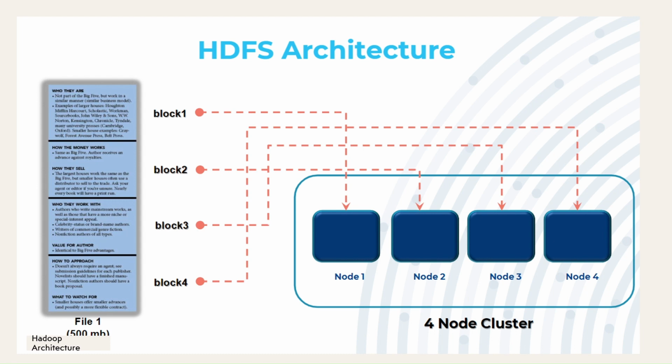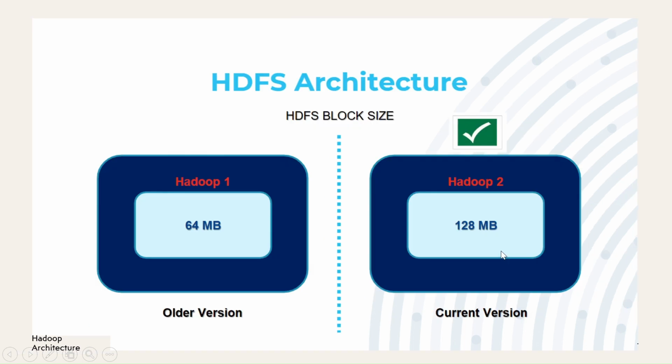Block 1 goes to node 1, the second block is saved to node 2, block 3 at node 3, and block 4 at node 4. In Hadoop 1 the block size was 64 MB, but in Hadoop 2.0 it is 128 MB.